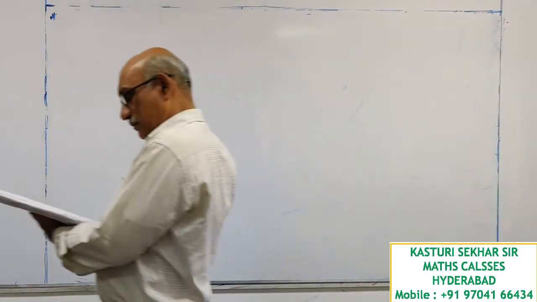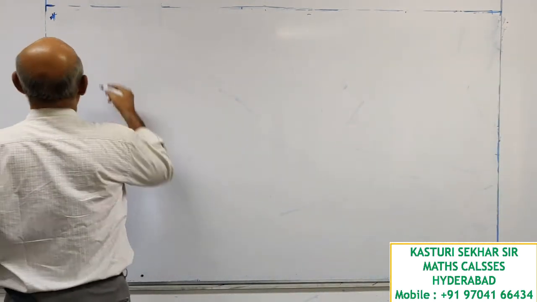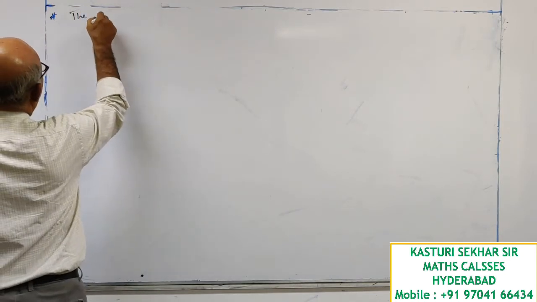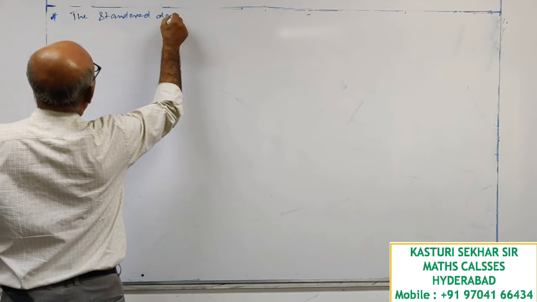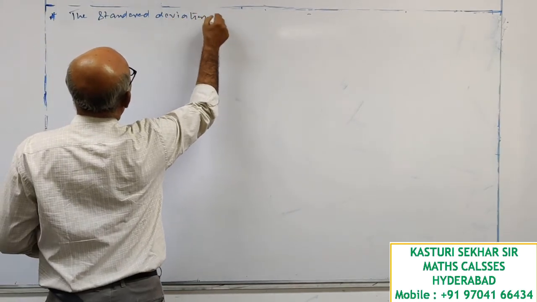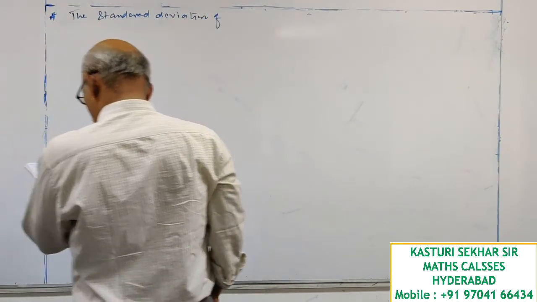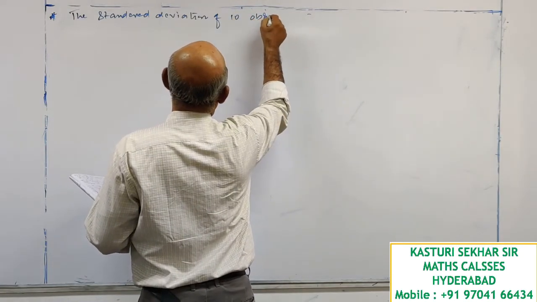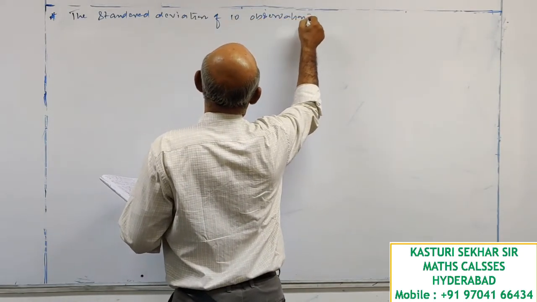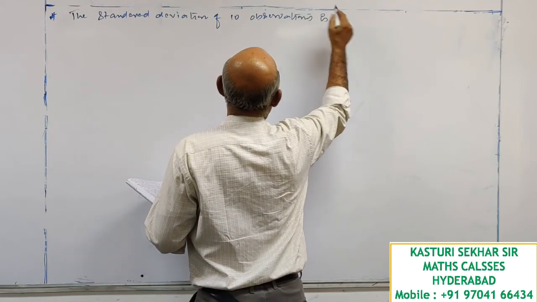Next problem. The standard deviation of 10 observations is 4.